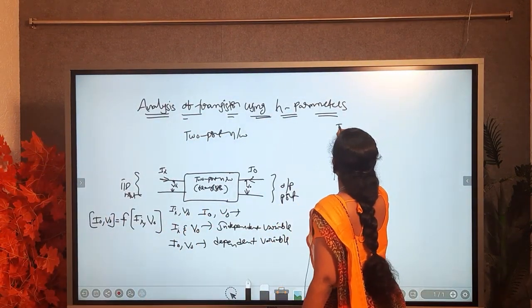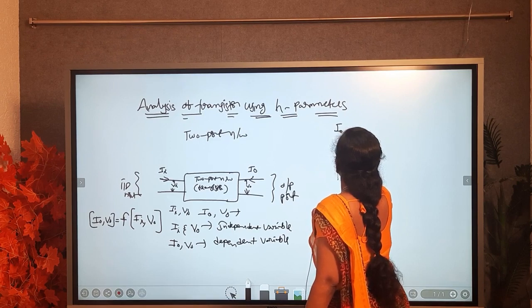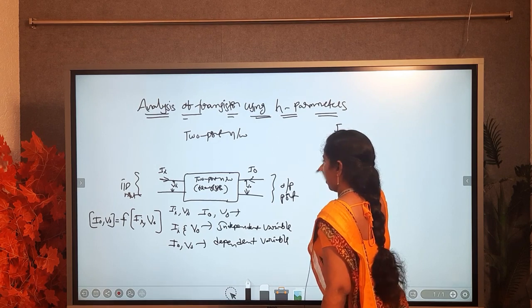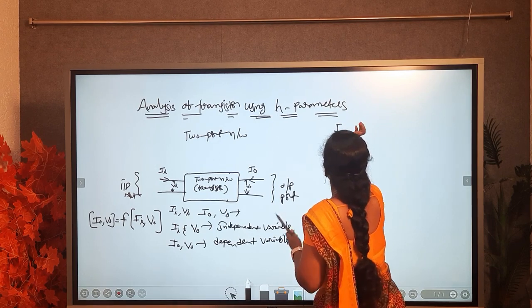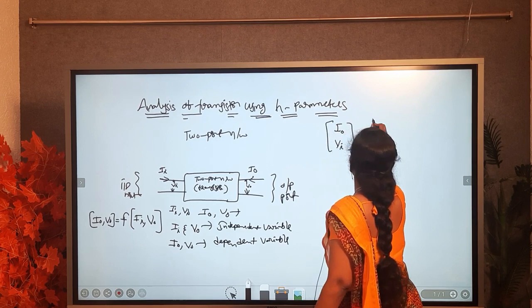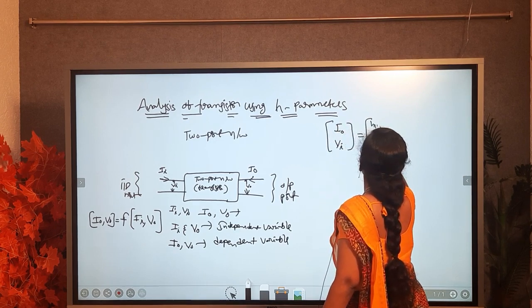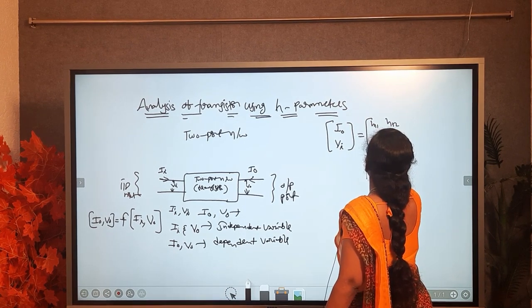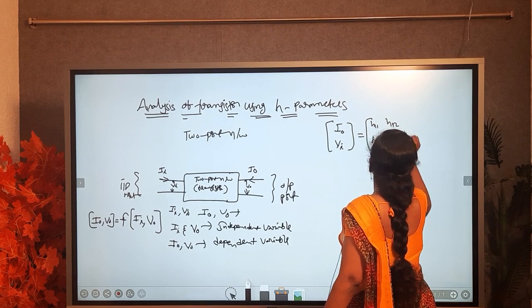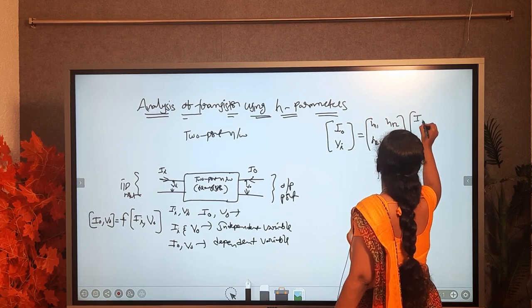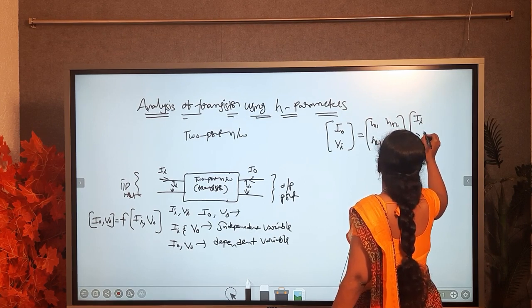Vi and I0 equal to, using the H parameters, H11, H12, H21 and H22, a function of the independent variables Ii and V0.